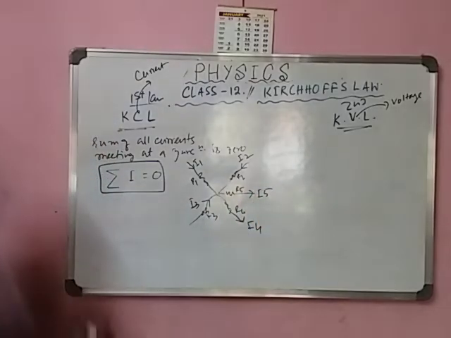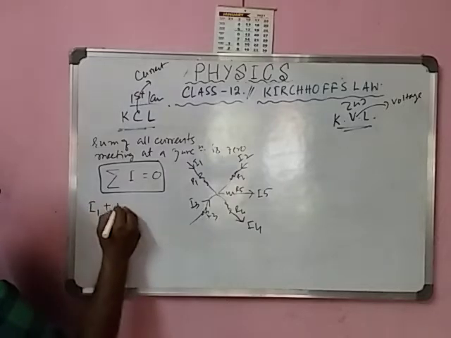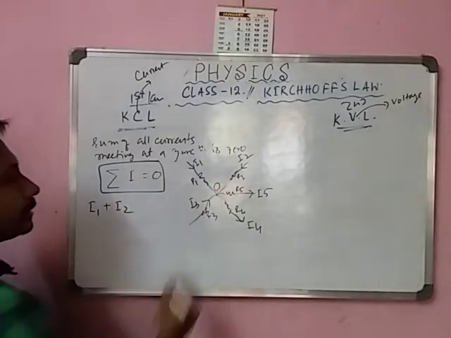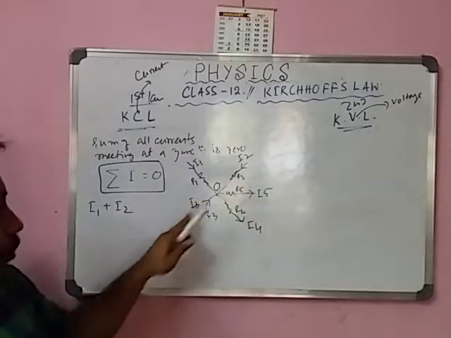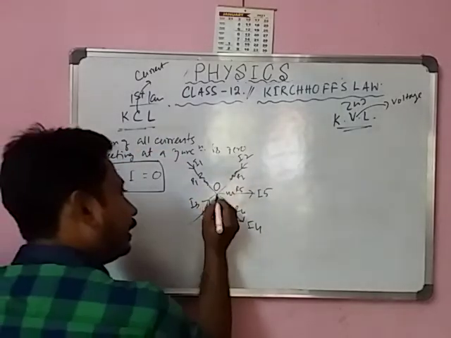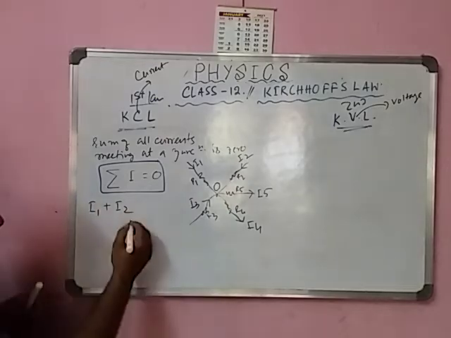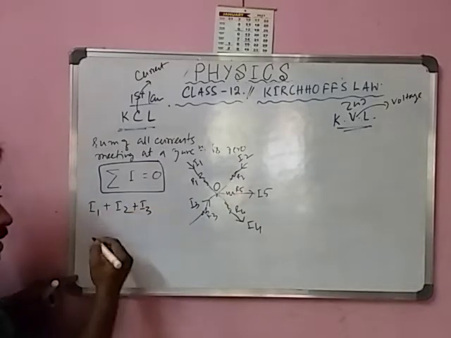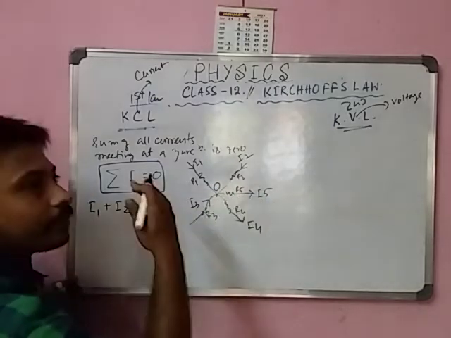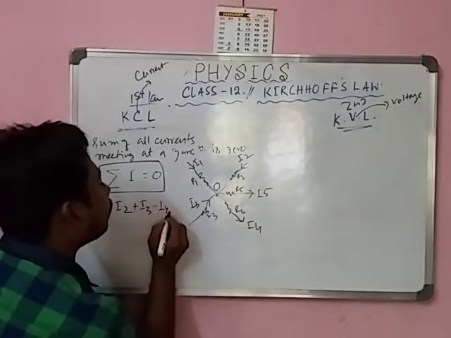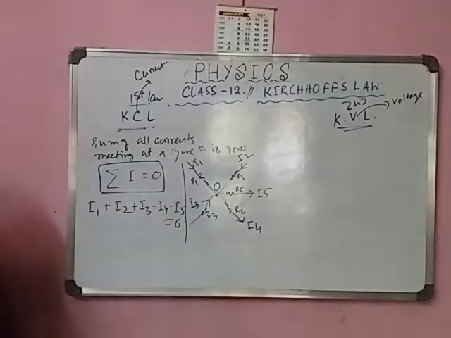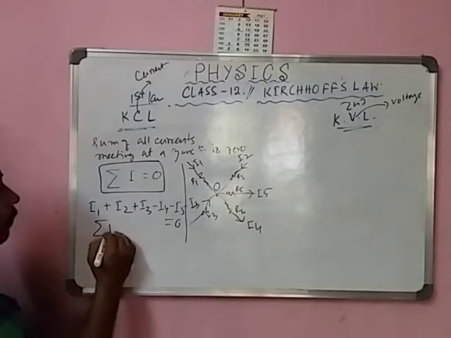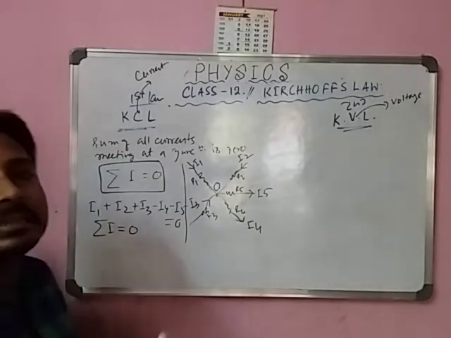So you can write I1 plus I2 plus I3 minus I4 minus I5 is equal to 0. So the sum of all currents meeting at a junction is equal to 0.